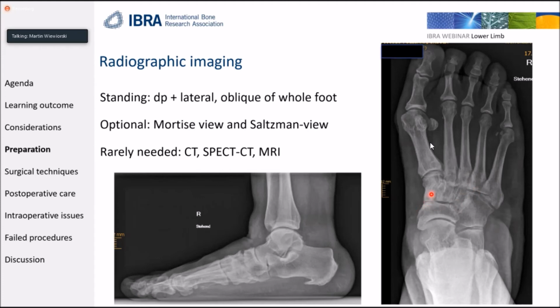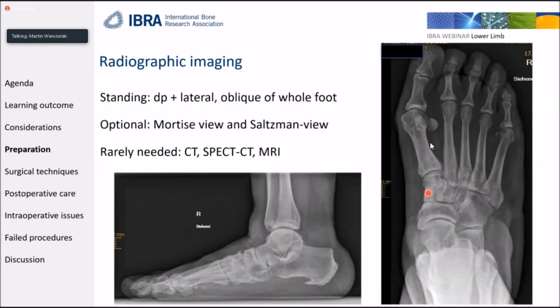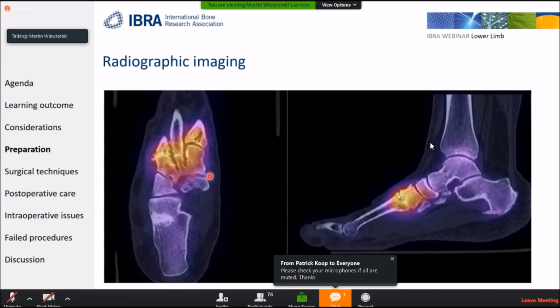So in this case, I would actually do a SPECT CT. This is the SPECT CT of the patient that you've seen here, and this is just a coronal reconstruction, where you can actually see all of those TMT joints, and you can see that all of those joints show increased uptake of the tracer, meaning that the osteoarthritis is active here.